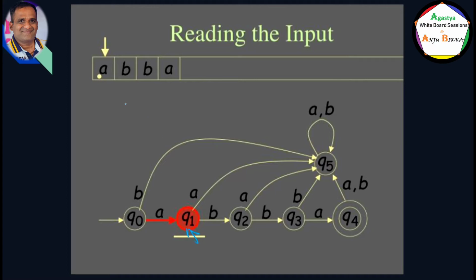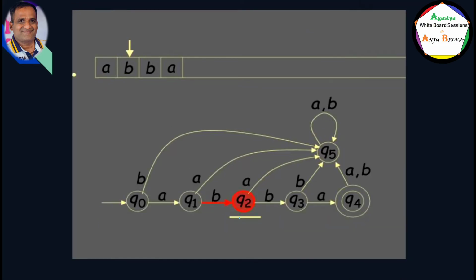Now Q1 is the current state, and the current input is B. From Q1 and B, it moves to Q2. From Q2, on the next input, it moves to Q3. So from Q0 on A, it moves to Q1. From Q1 on B, it moves to Q2. And from Q2 on B, it moves to Q3.